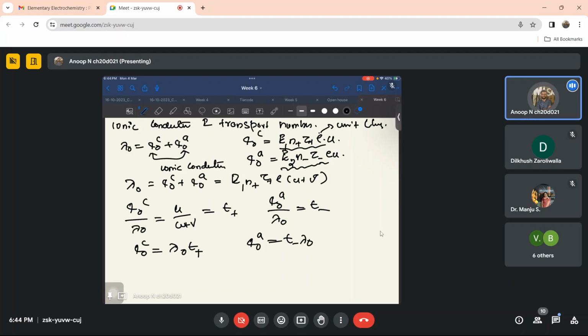Similarly, if we do some calculations, we can also find that K1 is equal to K2 is equal to K, which is nothing but the Faraday constant, 1 Faraday.